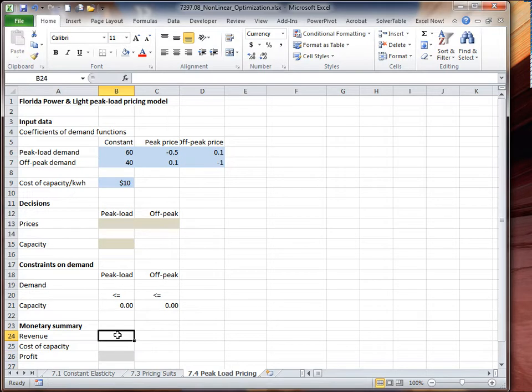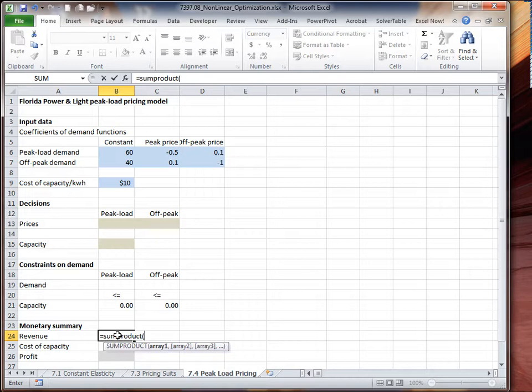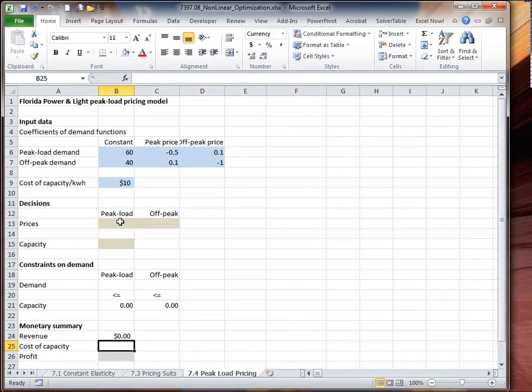So the revenue is going to equal some product of demand times the prices, right? The cost of capacity is going to be equal to the capacity we choose times the cost of capacity. Therefore, our profit is going to equal our revenue minus our cost of capacity.